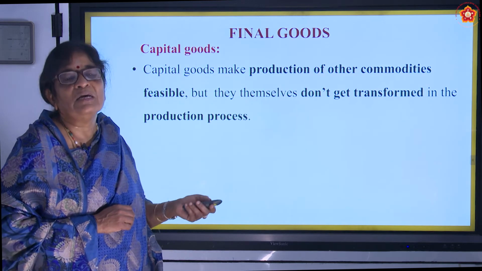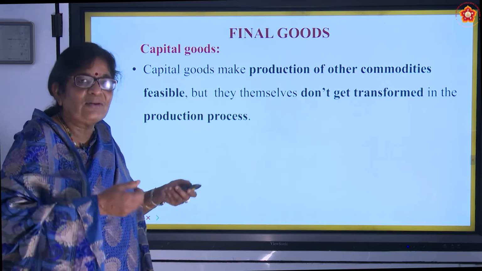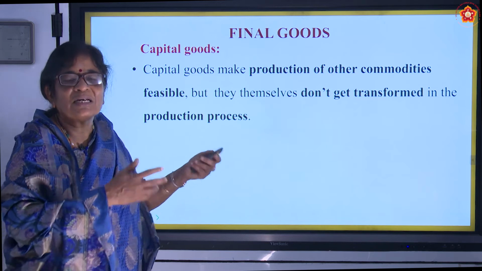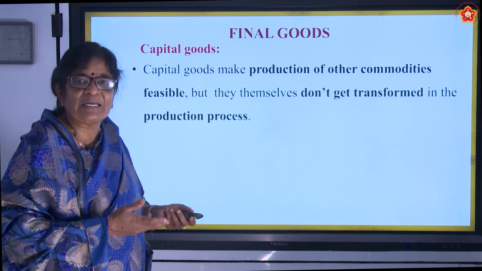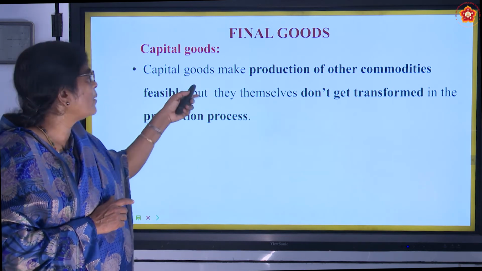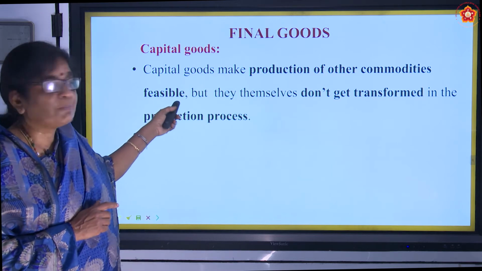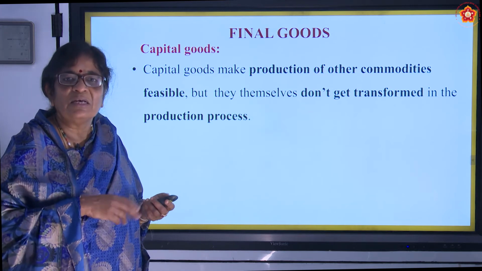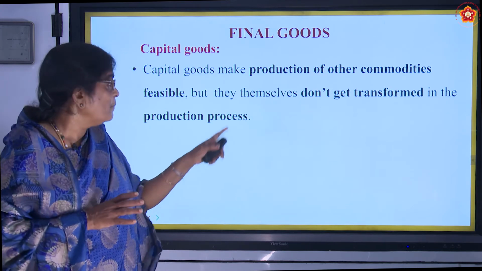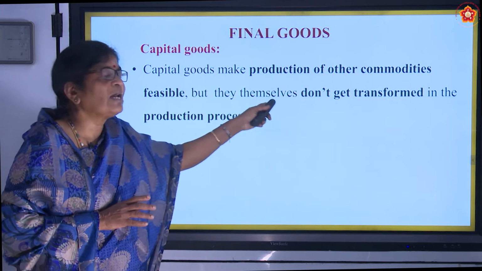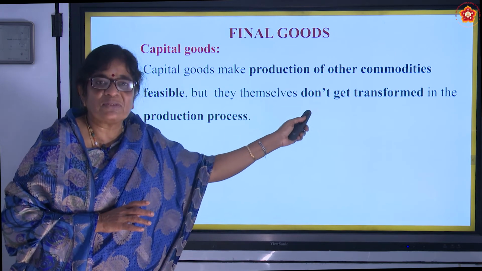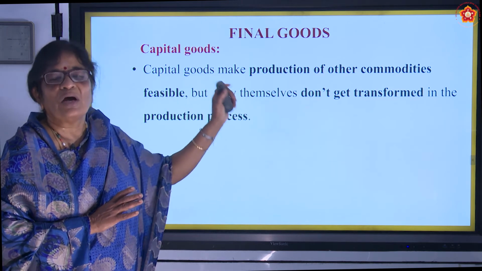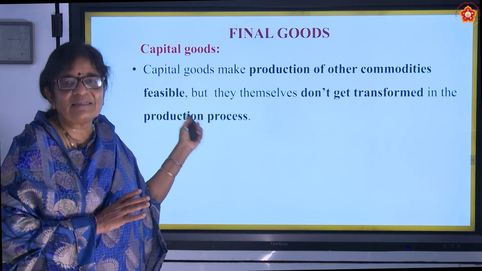Without a crane or big heavy earth moving machineries, we can't do mining work. Therefore, they make the production of other commodities feasible, but they themselves do not get transformed. Food products, we transform and eat up and finish. But these capital goods do not get transformed themselves. They stay as they are, but they support the production of other commodities and other services.